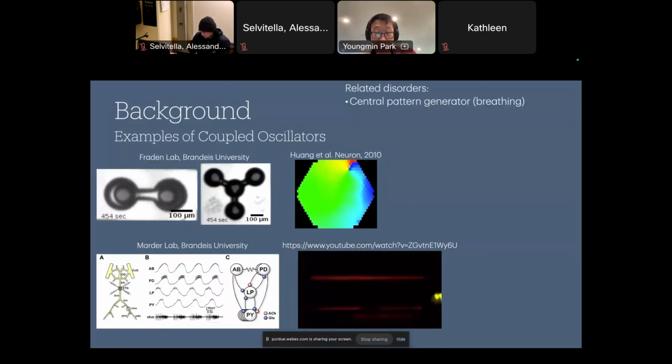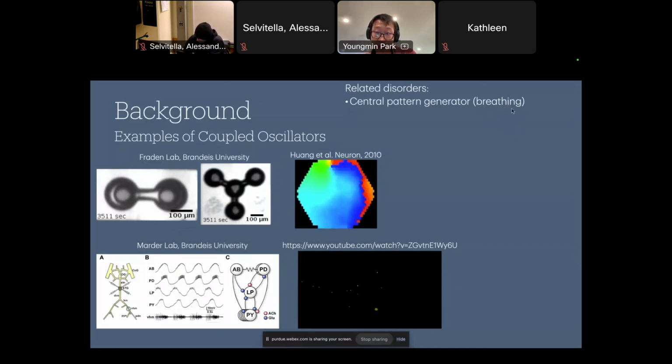With oscillators, there are various disorders, and this is just a small subset. Central pattern generators can end up with some problems, and one example is with neonatal babies. Sometimes they have breathing troubles.